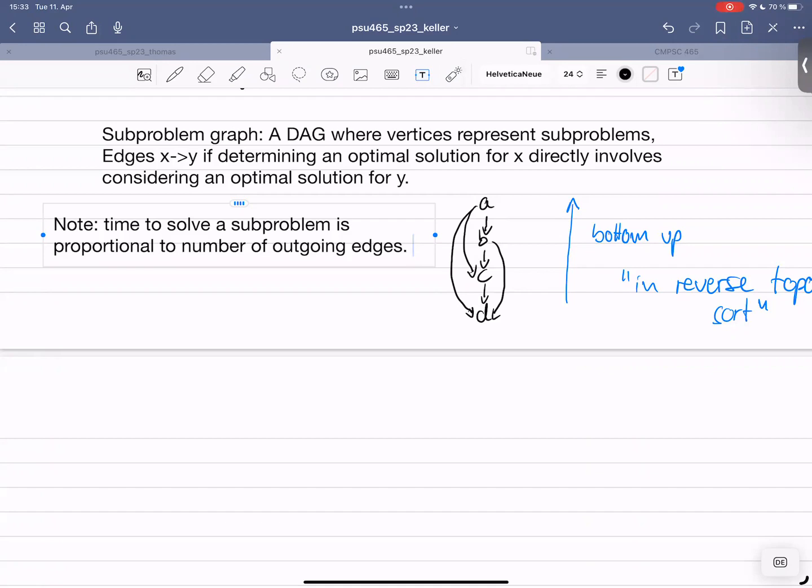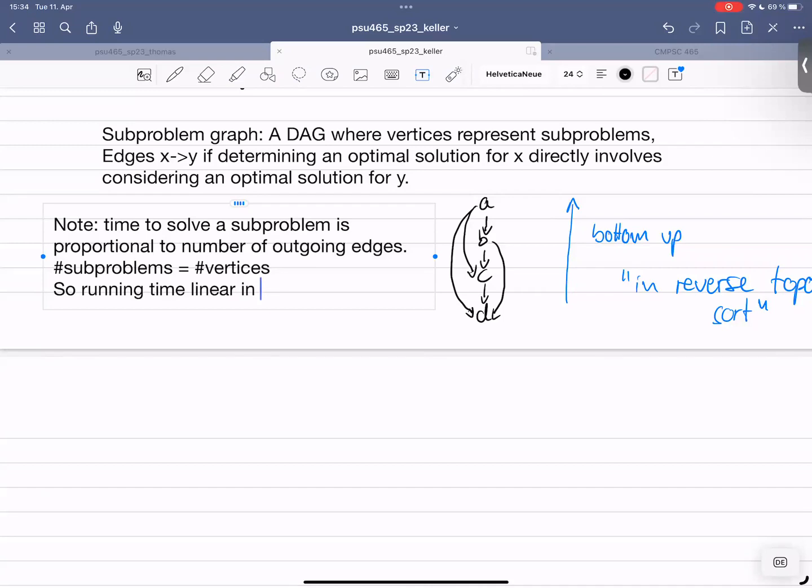And the number of subproblems is equal to the number of vertices in this representation. That means that the running time will be linear in what exactly then?